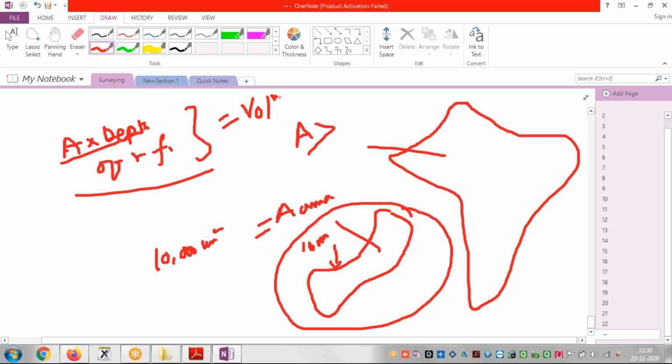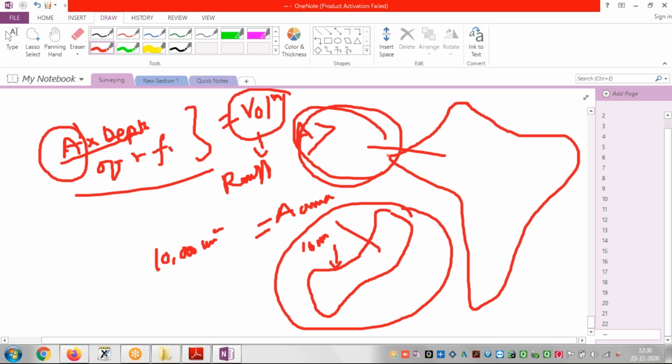I will get volume. So if the area is more, the volume will be more. More volume means more runoff. Since the area of India is very big, if the larger area is multiplied by this depth, we will get more volume. Is this okay to you?